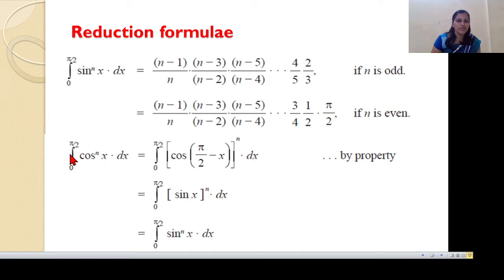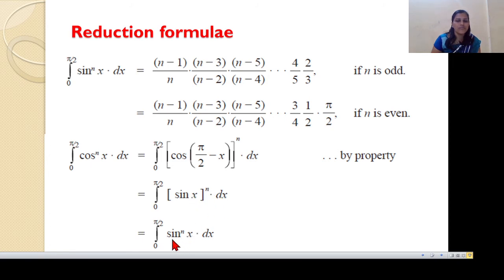So whenever you have to find the integral 0 to pi by 2 cos raised to n x dx, this term will be taken as integral 0 to pi by 2 cos of (pi by 2 minus x) raised to n dx. Cos of pi by 2 minus x is sin x, so you have to take sin x raised to n dx.